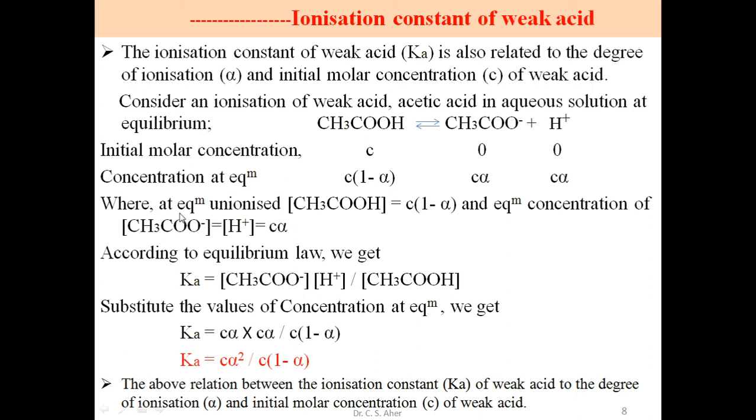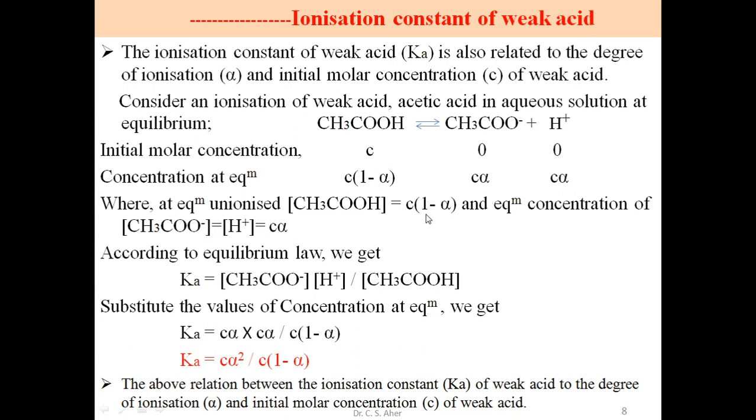At equilibrium, unionized acetic acid is equal to C into bracket 1 minus alpha, and the equilibrium concentration of acetate ion is equal to the proton concentration, or H plus concentration, both the same, equal to C alpha. So according to the equilibrium law, we get Ka, the ionization constant of weak acid, equal to the concentration of acetate ion times the H plus ion concentration divided by the concentration of undissociated acetic acid at equilibrium.